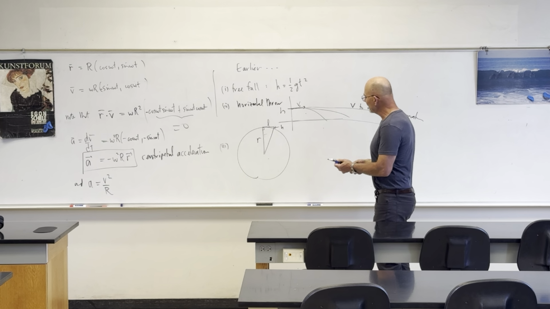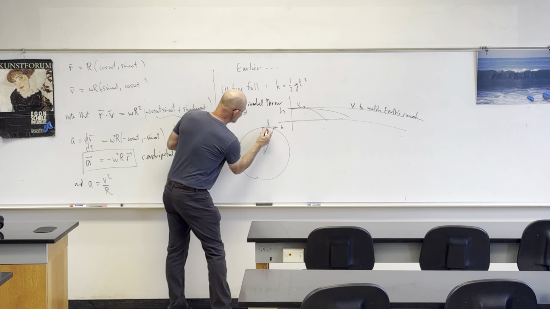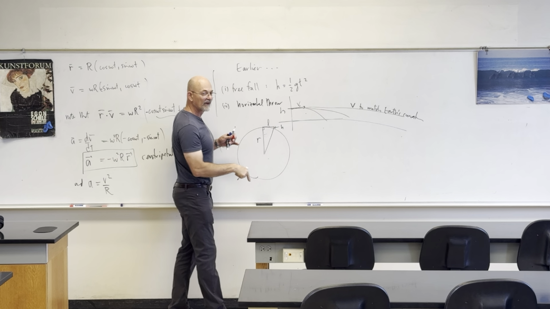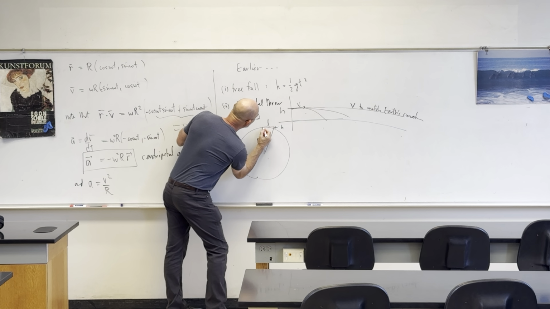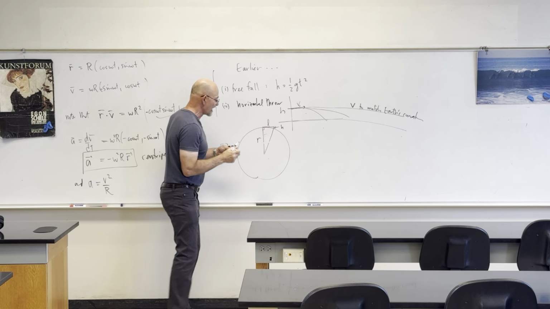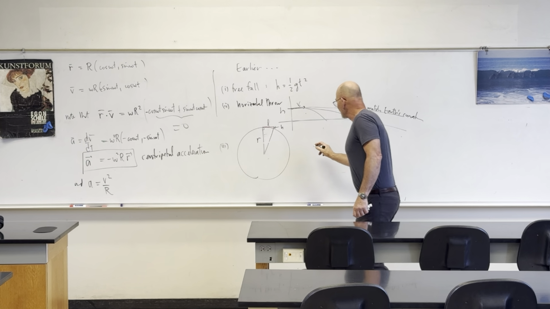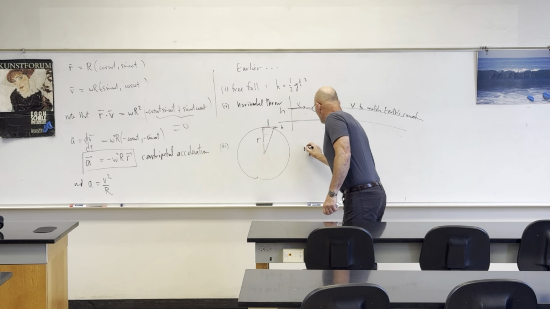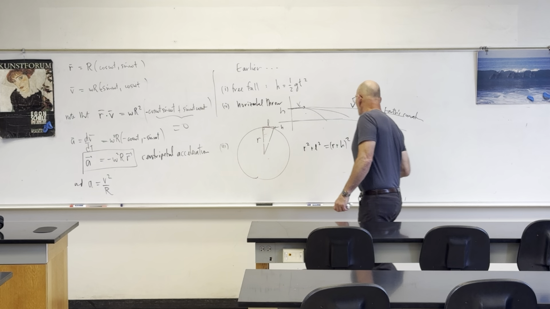So the idea is that I launch with the appropriate speed, but I'm always falling towards the center of Earth. In other words, wherever it is locally down. So that's the path I'm actually following, and we have r squared plus L squared equals (r plus h) quantity squared.